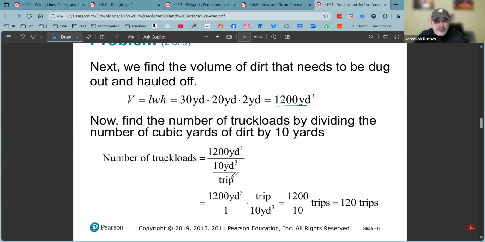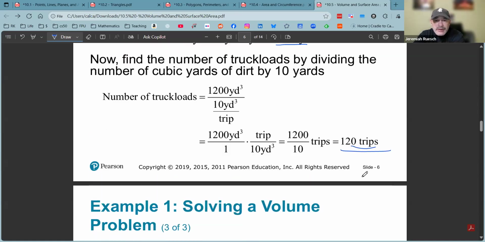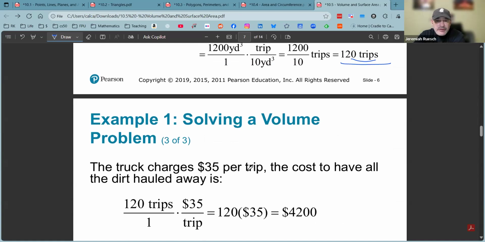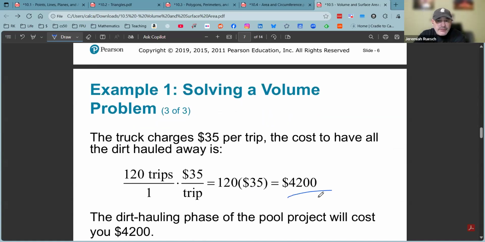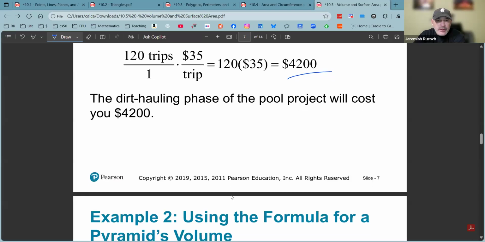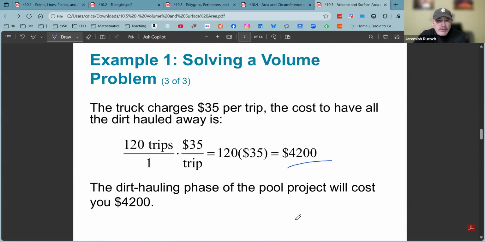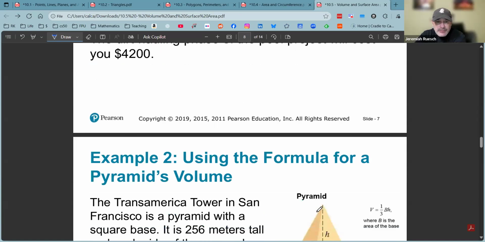So we take the 1,200 divided by 10. That's going to give us a total of 120 trips. And then that number of trips is multiplied by $35 per trip. So 120 times 35 is going to cost us a total of $4,200 to remove the dirt based on this relationship.